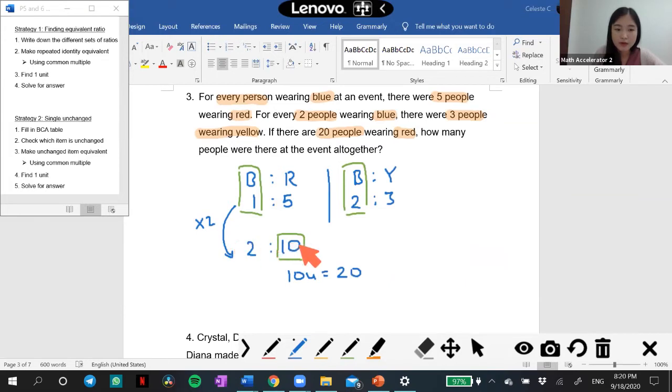Okay, look at the correct one, the equivalent one. So what is 1 unit? 20 divided by 10, which is just 2. So how many people were there at the event altogether? You need the total number of units. Right, so add up. 2 for the blue, 10 for the red, and 3 for the yellow.